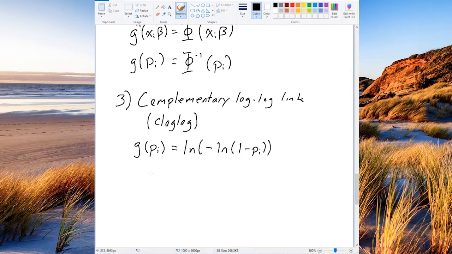It's not a particularly nice formula here. But if we think about what p has to be, p has to be some number between 0 and 1, which means that this is the natural log of some number between 0 and 1. The natural log of a number between 0 and 1 is going to be e to a negative power.